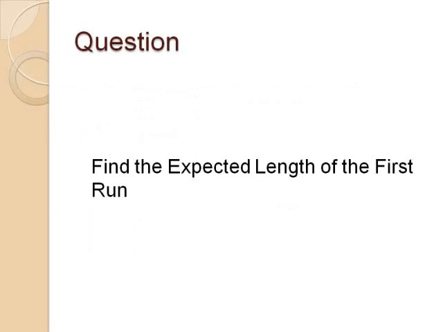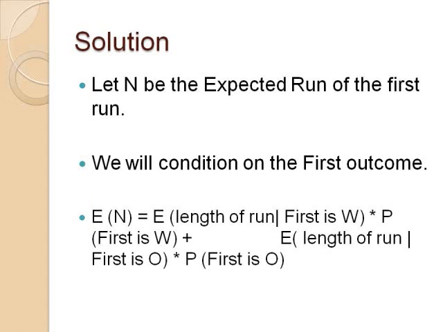So our question is, find the expected length of the first run. So if we assume n to be the expected length of the first run, we will have to condition on the first outcome. There can be 2 possible first outcomes. It is either a wicket or a not out.